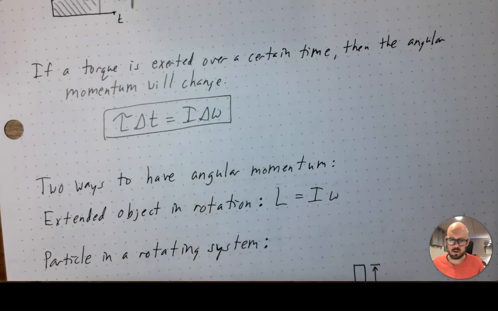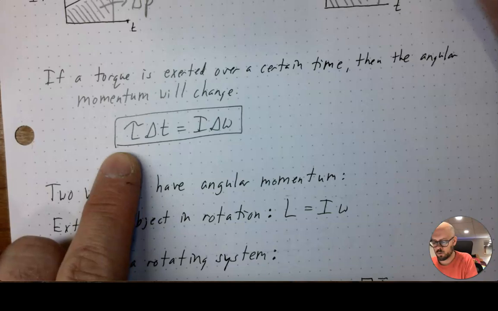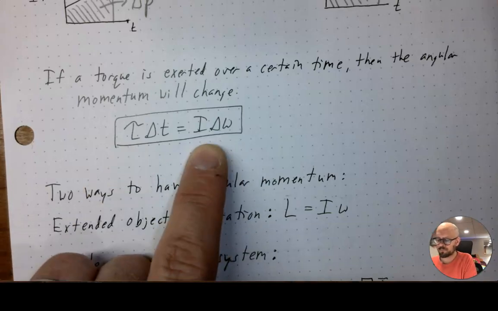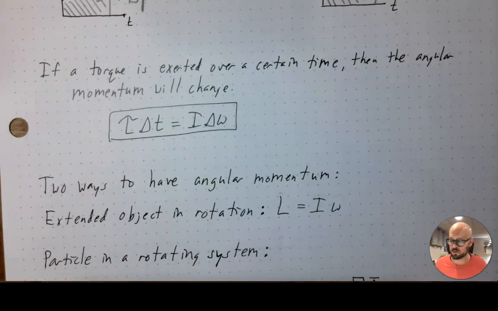Now, the way that we're dealing with this is that torque is only going to change the angular velocity. We will also think about situations where the rotational inertia itself changes. We haven't talked about really changing the mass of an object, but because rotational inertia has to do with how mass is distributed, that can change as objects move around.